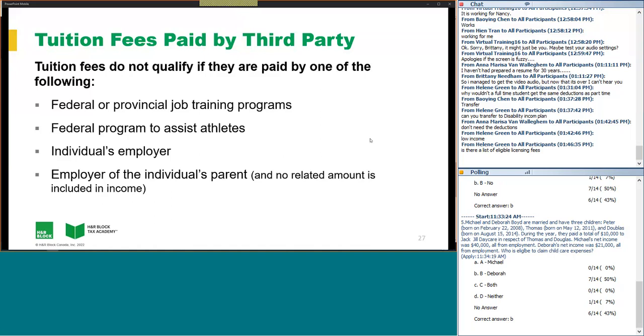It has to do with how the money is considered to be owned. So essentially, that counts as their income, as if they are paying for it themselves. So that exception is one that people get a little bit mixed up on. So if it is money from a band council, in that case, it is still treated as tuition for the student. But other federal or provincial job training programs, no.